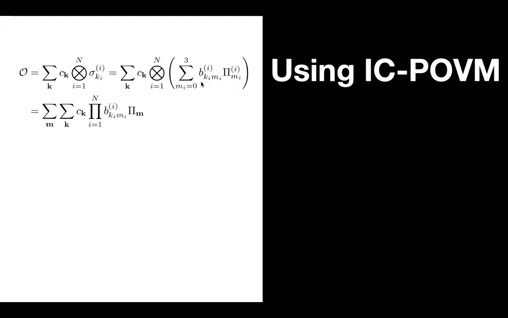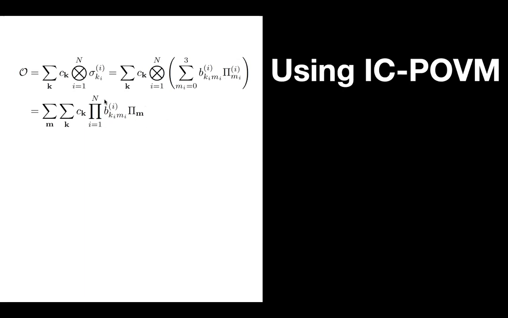And then I just rearrange terms and I introduce in this notation pi m here. Now this pi m is like a global effect, an effect on all the qubits, while the pi mi were the individual qubit effects.